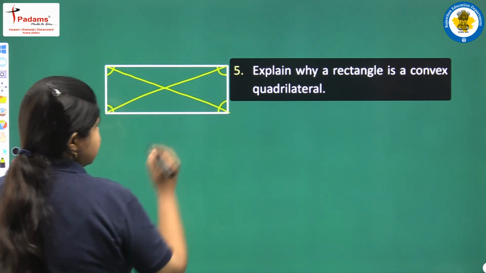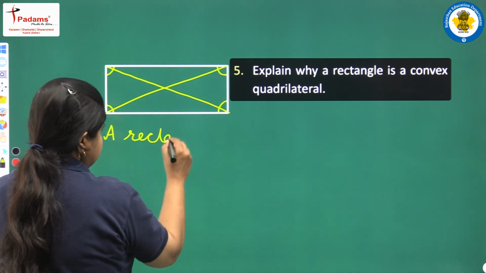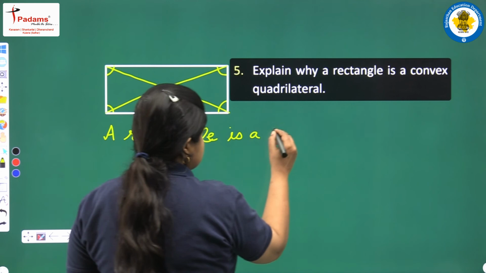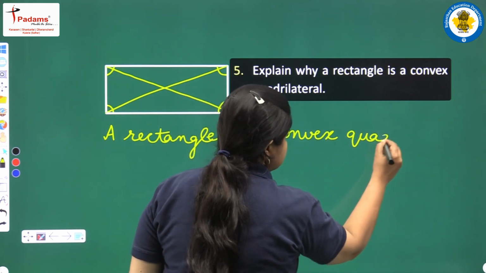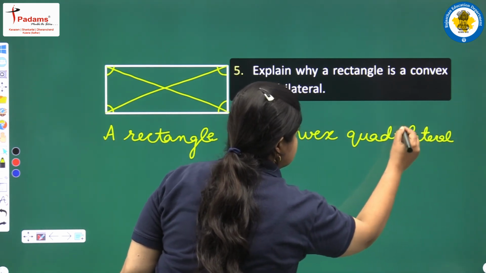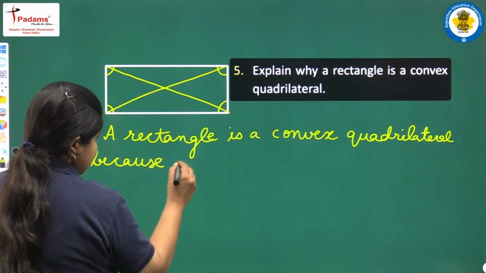less than 180 degrees. So we can say a rectangle is a convex quadrilateral because of two reasons.